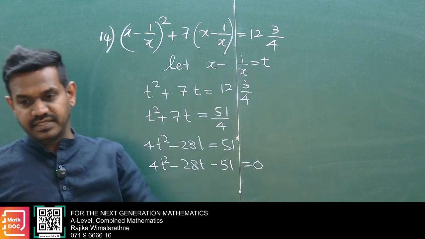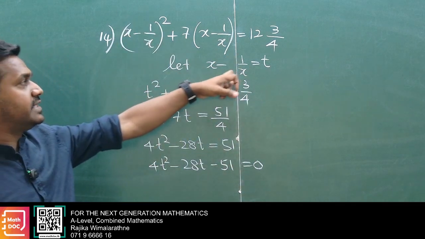Let 1 over x equal t. Substitution: x minus 1 over x equals t.